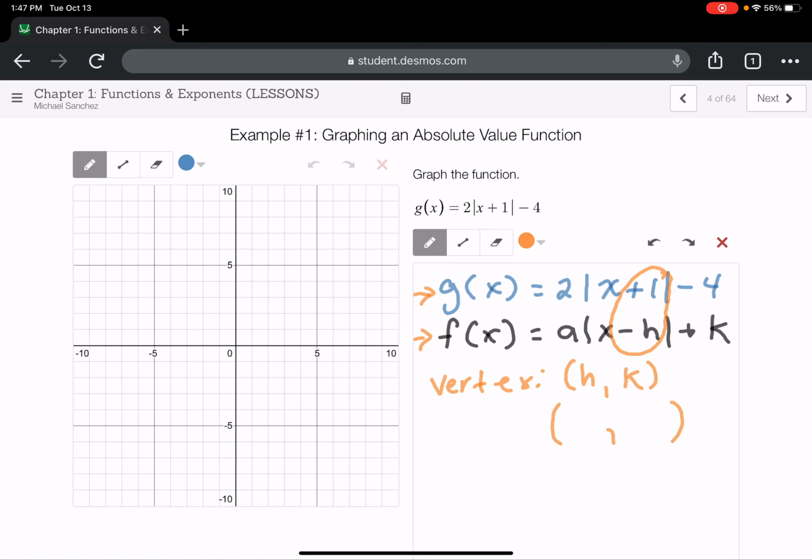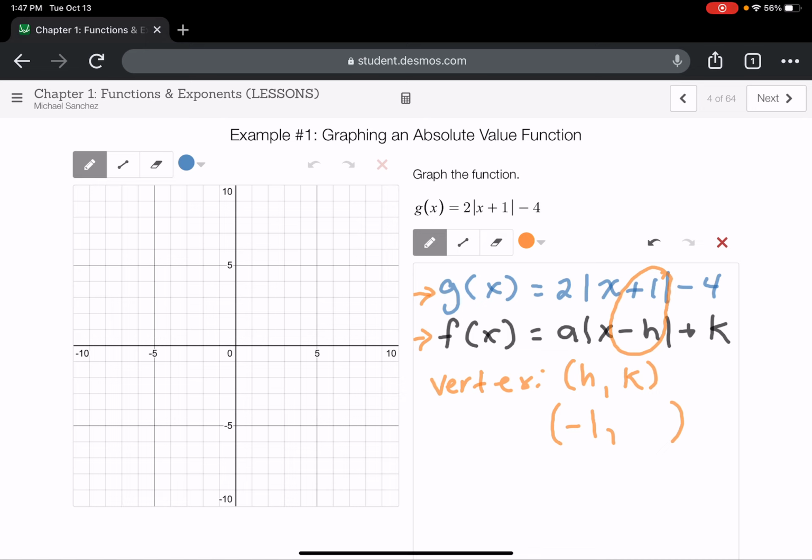So because our vertex form in black has a negative sign here, that means we're going to take this number here as the opposite value, the inverse, because that is what this negative sign is telling us to do. It's taking the opposite. So instead of writing a positive 1 for h, we're actually going to write a negative 1 for h. Okay, and this is the most important part. This is the part where most people get tripped up when graphing, is that the h value inside is actually the opposite.